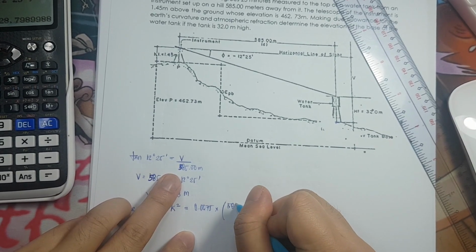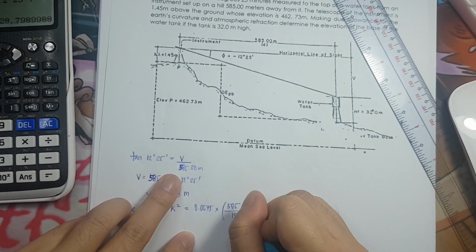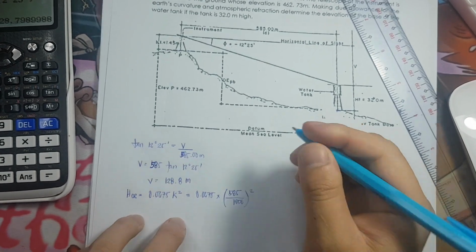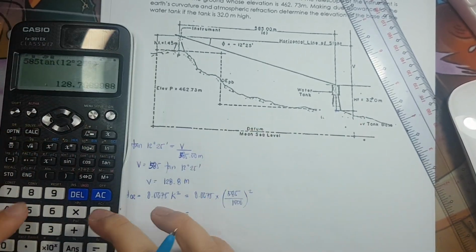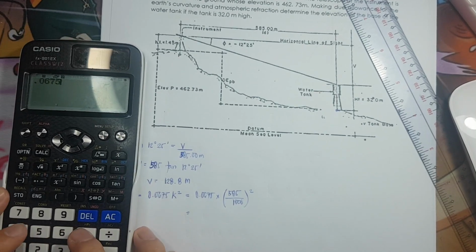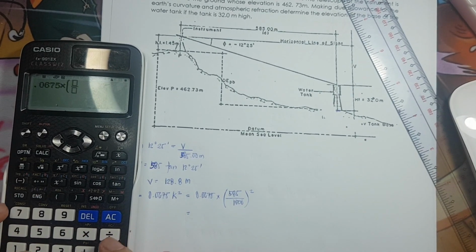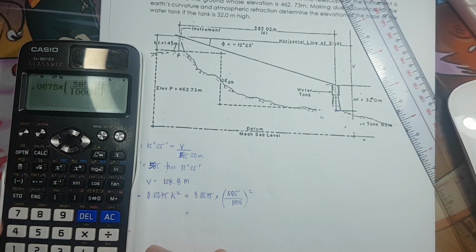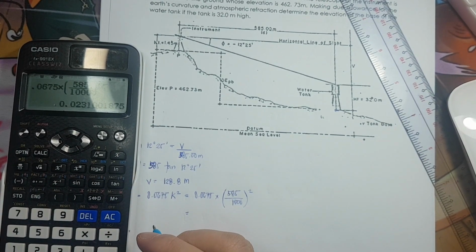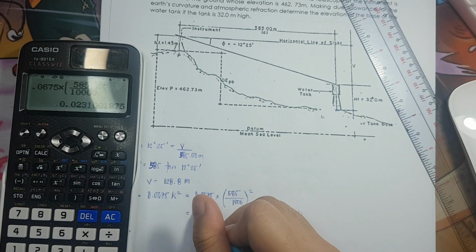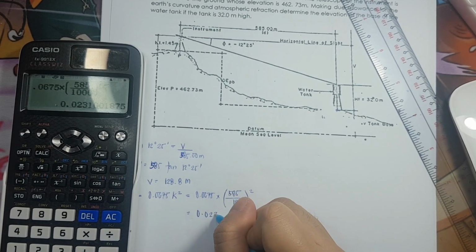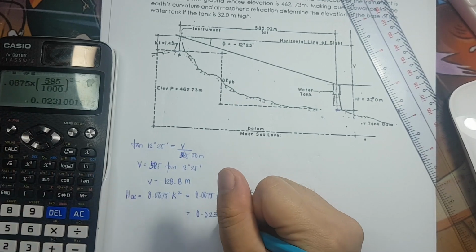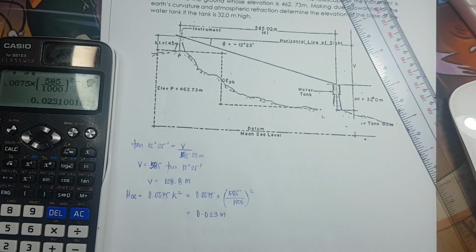So 585 divided by 1000, quantity squared. So HCR therefore is 0.0675 times 585 over 1000 quantity squared. So that is 0.023, and that is in meters.